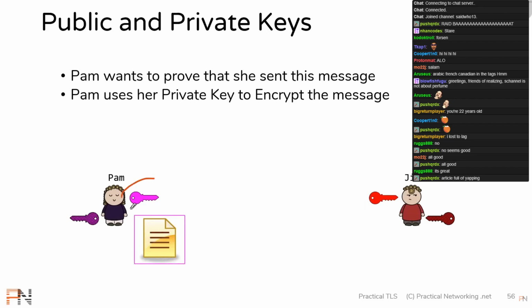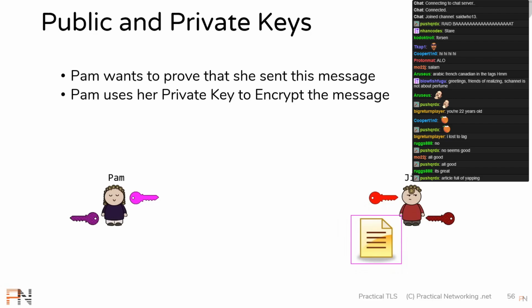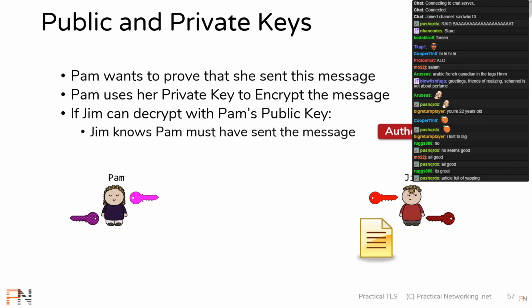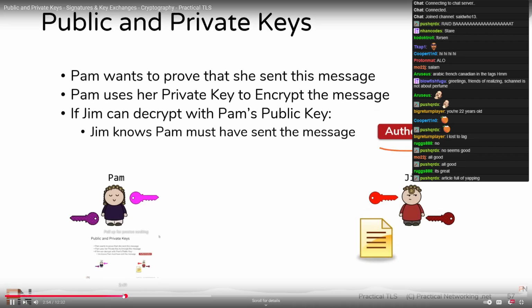Now, the only key in the world that can decrypt that would be her public key, which Jim has and anybody else has because it's a public key. So this can get sent across the wire, and then Jim can decrypt that message using Pam's public key. If Jim can decrypt the message successfully with Pam's public key, this actually proves two things. First, it proves that Pam must have sent that message. This gives us authentication.